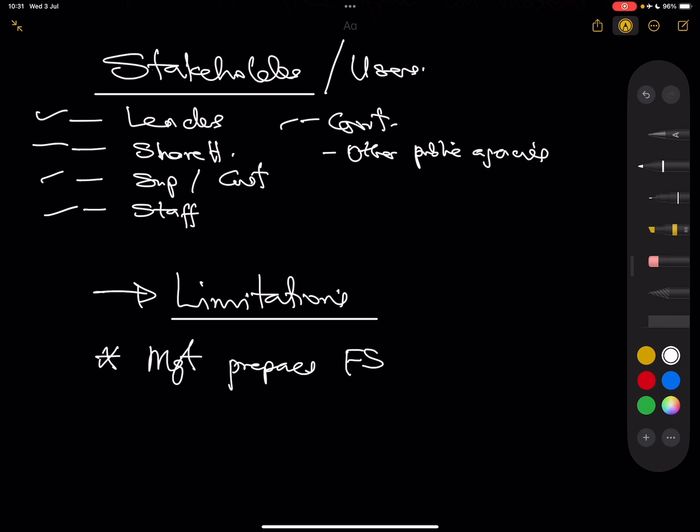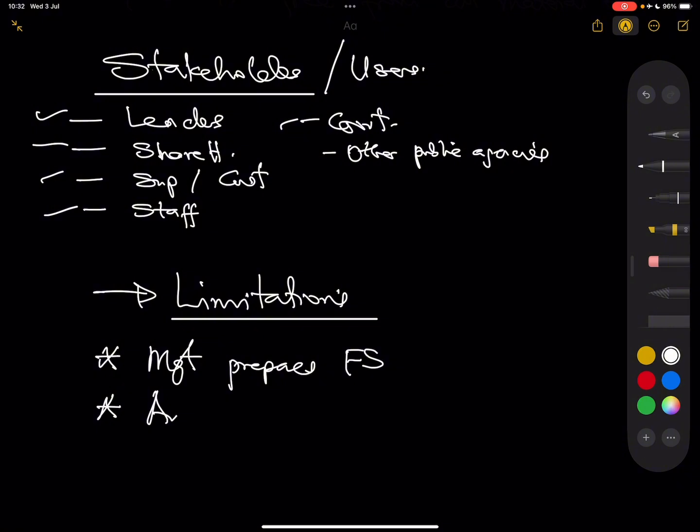So they know the company more than any auditor can ever know it. So that's another limitation. Auditor does not participate in the affairs of the company from beginning of the year to the end.